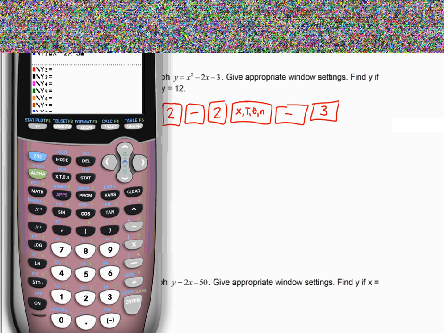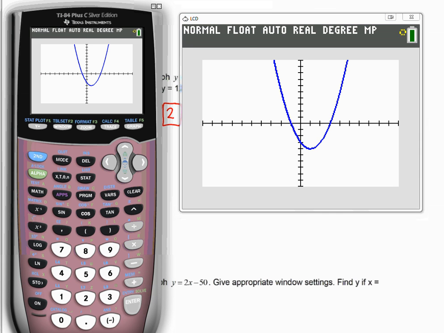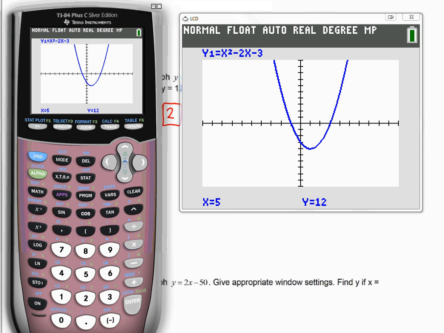Okay, let's go to graph, and that's the trace button. So trace, then what would I push? 5. Enter. And the answer is 12.